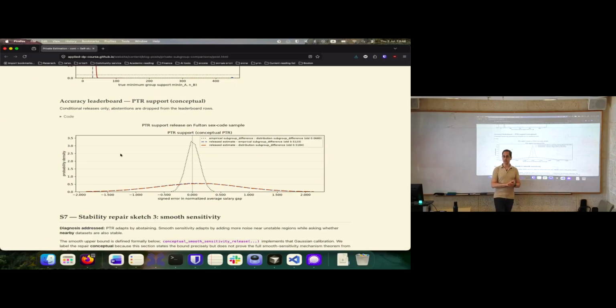Now, I wouldn't say it as a general rule that always holds, because not every private mechanism scales like 1 over n, and not every statistic scales like 1 over square root of n, but this is a very, very common phenomenon. Whenever you're in a CLT regime, you are in the square root of n regime.